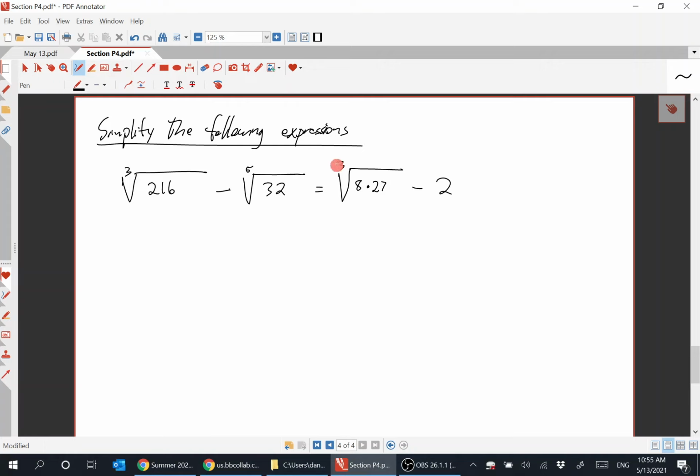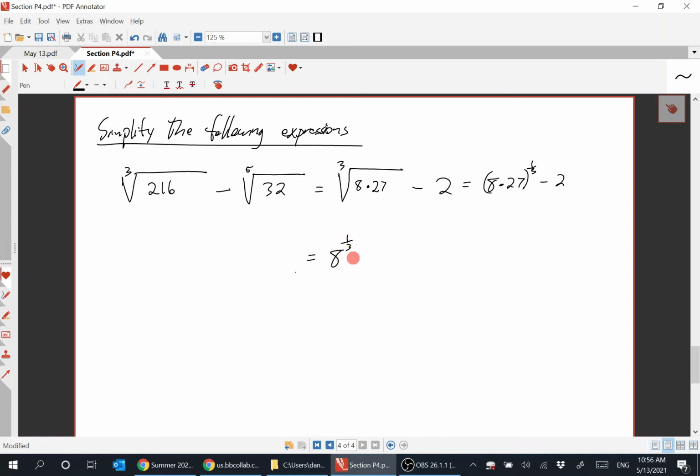And then, again, exponentiation, right? This third root is an exponent. It's an exponent to the 1/3 power. So this is equal to 8 times 27 to the 1/3 power. You can skip that step, but we'll put it in here. And that distributes over multiplication.